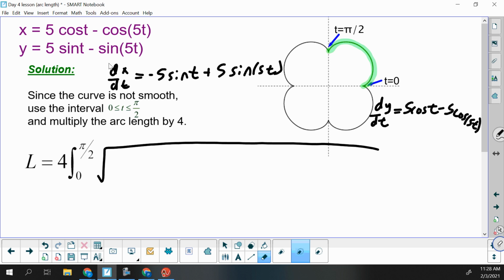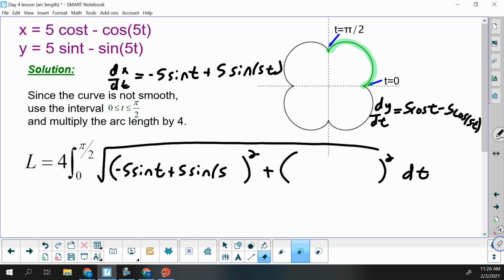It's going to be kind of big. We'll have our dx over dt part squared plus our dy over dt part squared, and then dt. So we are going to have negative 5 sine t plus 5 sine of 5t. Then we'll have 5 cos t minus 5 cos of 5t.